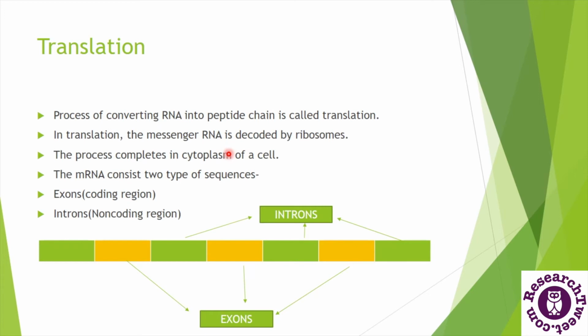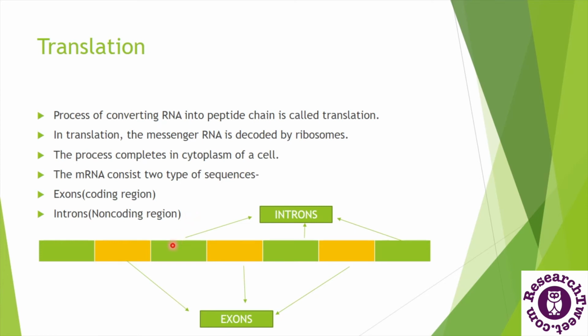The mRNA molecule consists of two types of sequences. The first one is coding sequences, which directly code for the peptide chain, and these sequences are called exons. The other sequences are non-coding sequences, which cannot directly code for the polypeptide chain, and these sequences are known as introns.